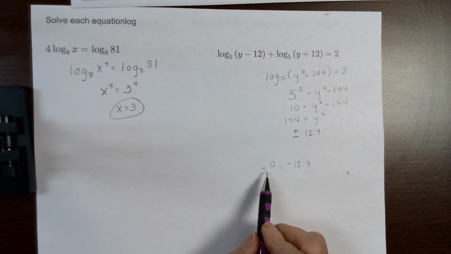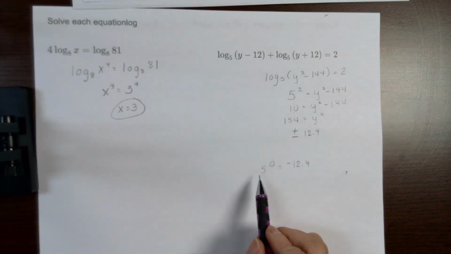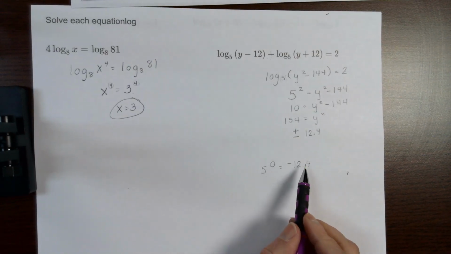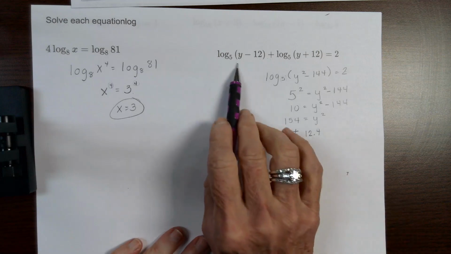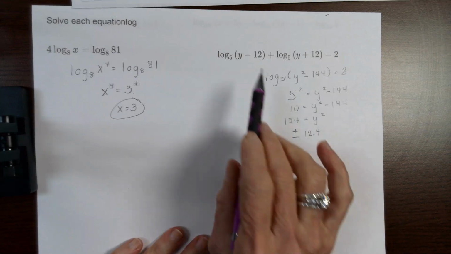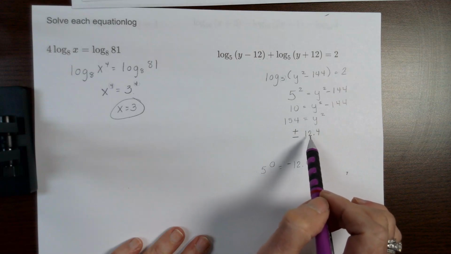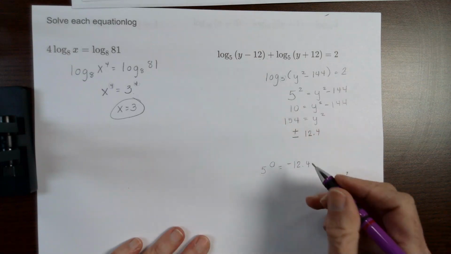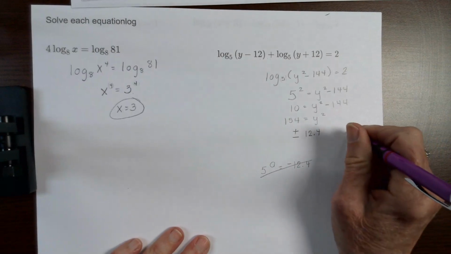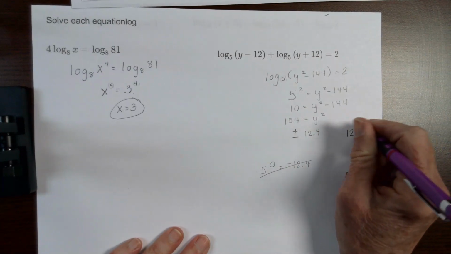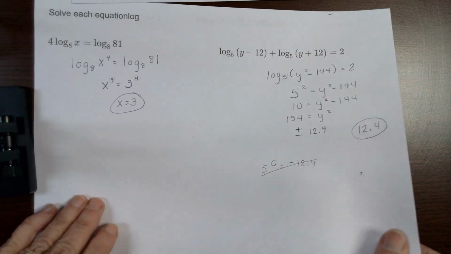So there literally is no way to take a positive number, raise it to a power, and get a negative number. And that's what you would have to do if you plugged negative 12.4 in there. So that means that my only answer is positive 12.4.